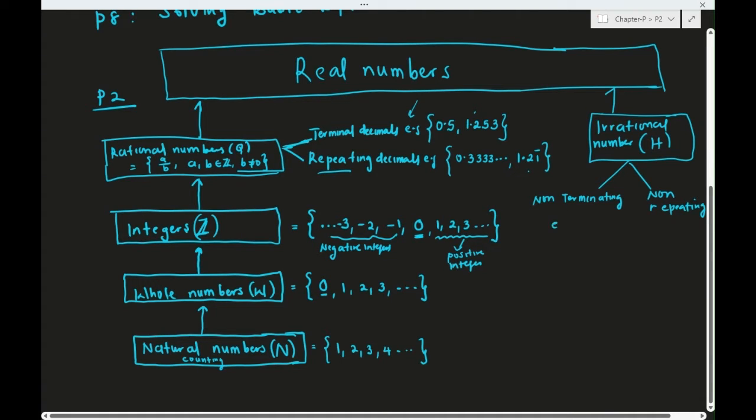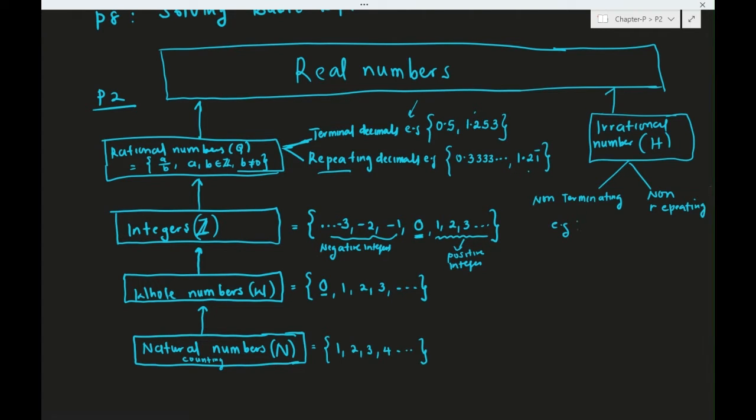It means, for example, let me give an example. The typical example is pi, right? And we know that pi is not 22 over 7. So pi is about 3.1425. You know, the numbers will continue. It doesn't repeat, and the digits don't terminate.